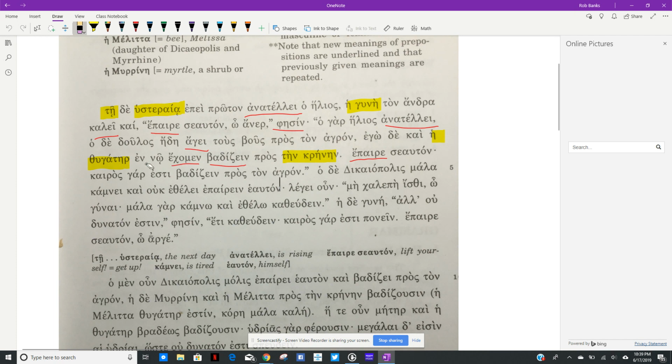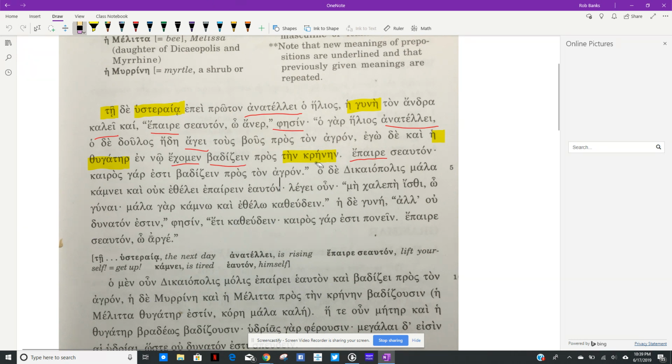So we have in mind to do something: badizein. This is an infinitive, a regular infinitive. EIN is the ending. If it was an e contract, you'd have a circumflex over the EI, right? But it's not. So we have in mind, or we intend, badizein, to walk. This infinitive is completing the thought of we have in mind. An infinitive is to plus the verb, as we talked about.